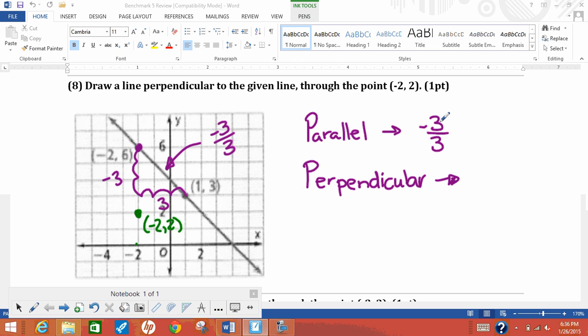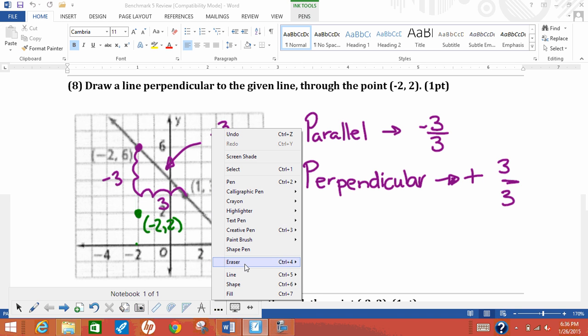This whole fraction is negative, so the perpendicular slope is going to be positive. Then I take these 2 numbers, 3 and 3, and flip them, so I still end up with 3 over 3. My perpendicular slope is positive 3 over 3. So now let's graph these.